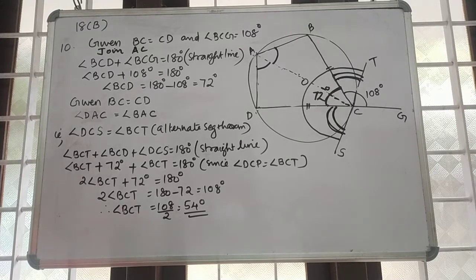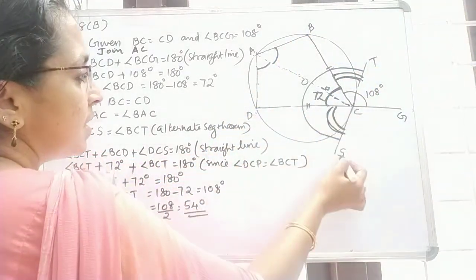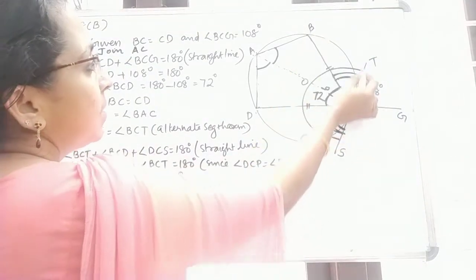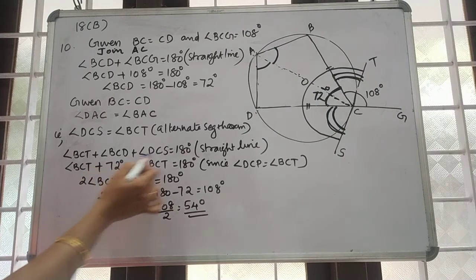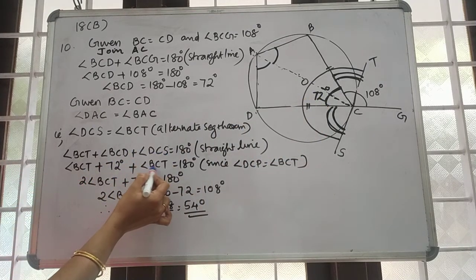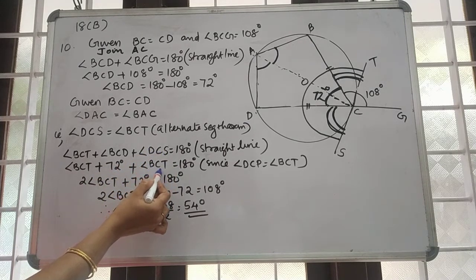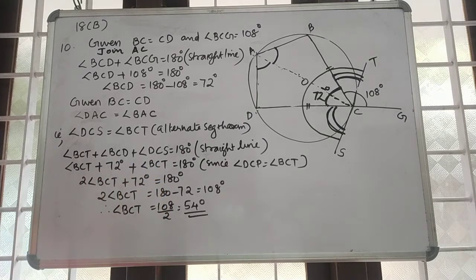Now we have BCT is the same as DCS. So instead of DCS, we can replace it with BCT, because we want to find out BCT.